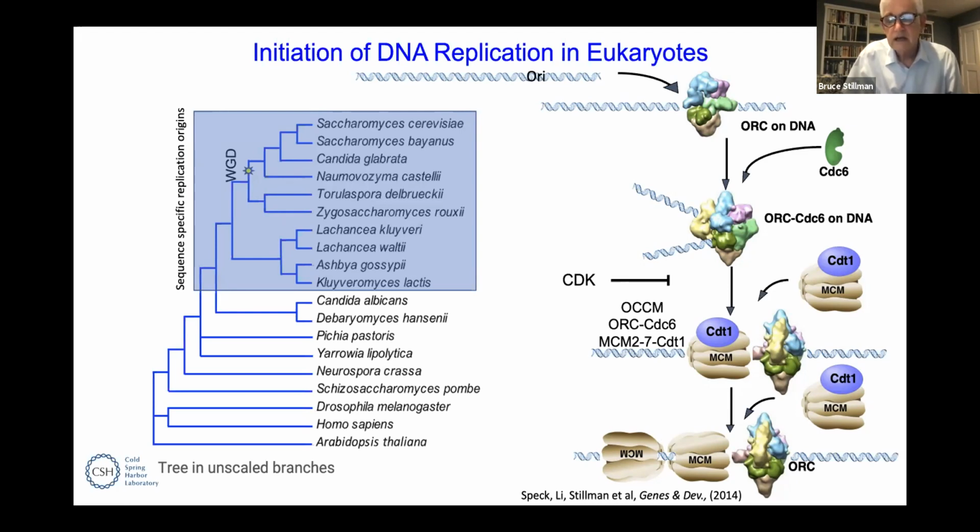They were not known then until Bonnie Brewer's laboratory demonstrated that the ARS sequences were in fact origins. But Saccharomyces cerevisiae had these ARS sequences, and we proposed that these would be origins of replication.